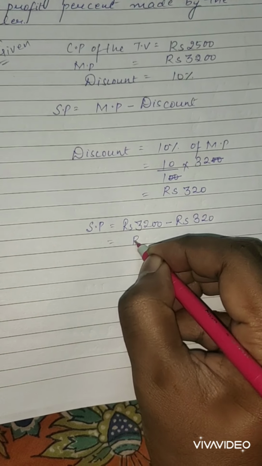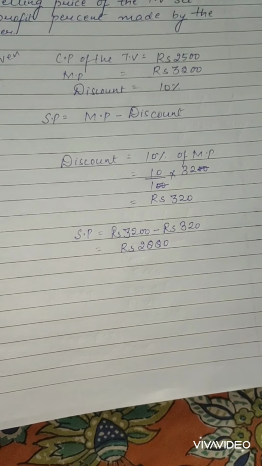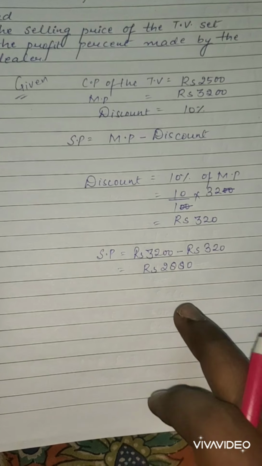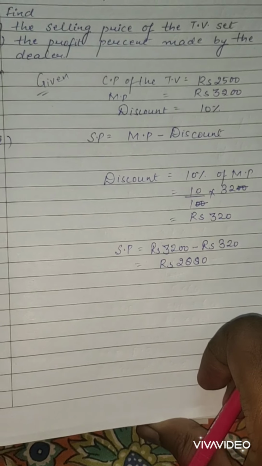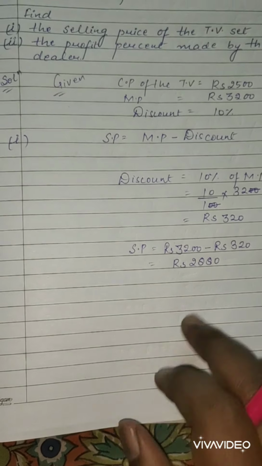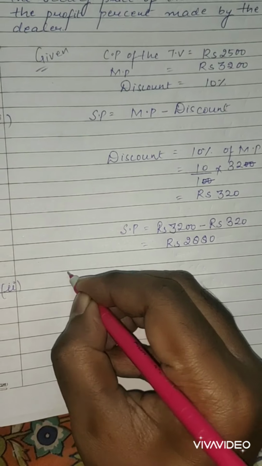So you will get rupees 2880. This is your selling price. I hope it is clear. So we have got the first part. Let's see the second part.